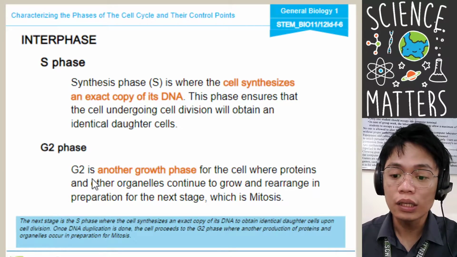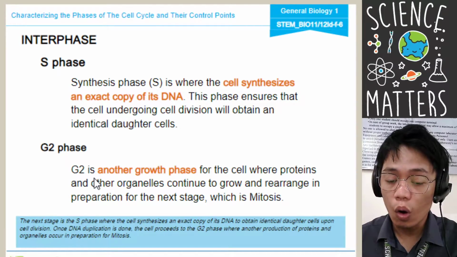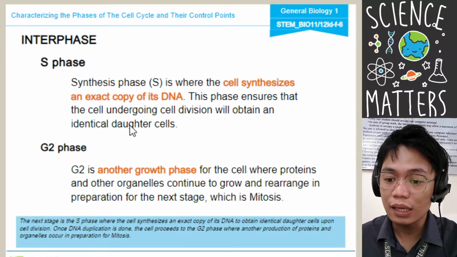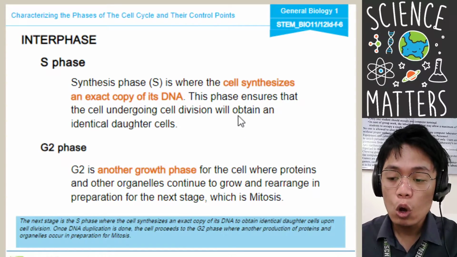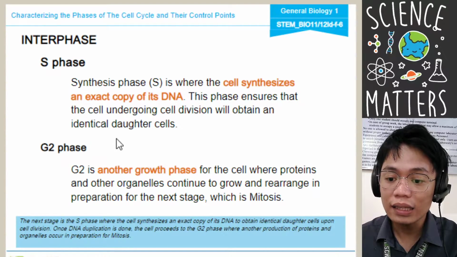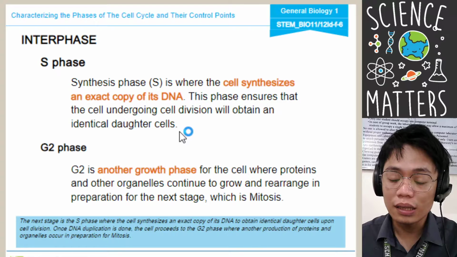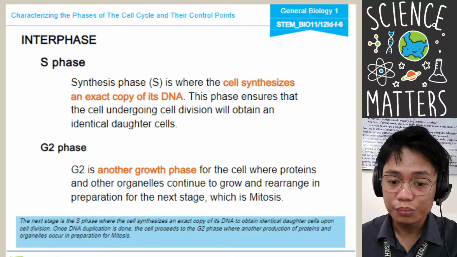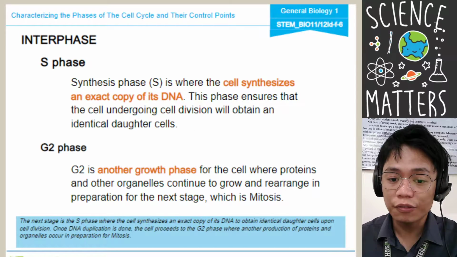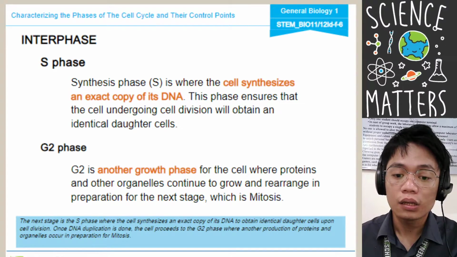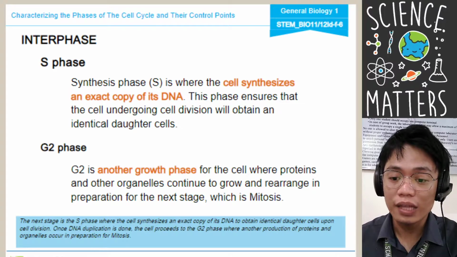So this phase ensures that the cell undergoing cell division will obtain identical daughter cells. That is the synthesis phase where DNA replication happens.